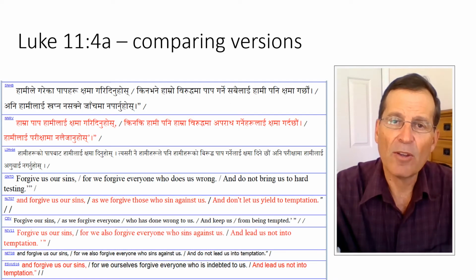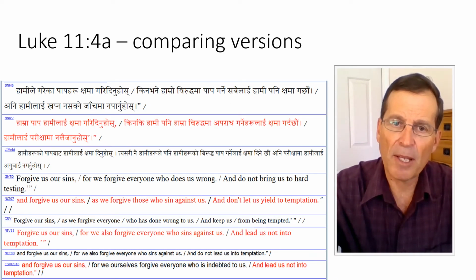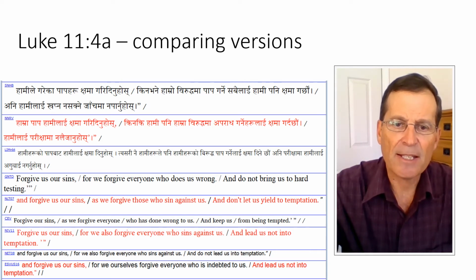So once again, the first thing we do is to compare the issue in various versions. Once again, 3 versions at the top. Then G&T says, "And do not bring us to hard testing." NLT, "Don't let us yield to temptation." CEV, "Keep us from being tempted."